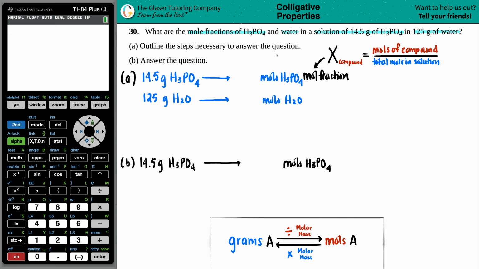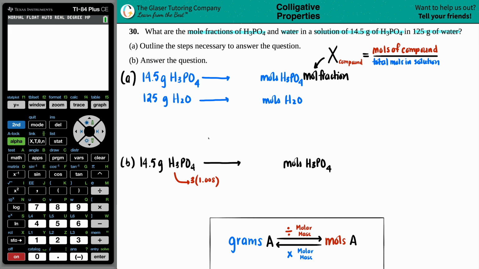So we're going straight to the periodic table. We have to find out what the molar mass is of H3PO4. Now in this case, we have 3 hydrogens, and on my periodic table, each hydrogen is 1.008. You can always round it to just 1, but I like to get the most exact answer as I possibly can.